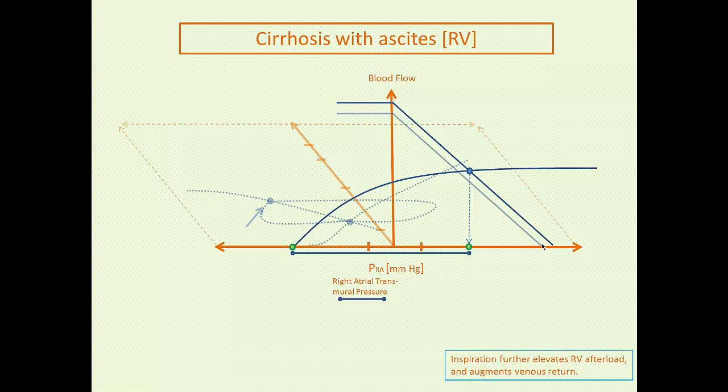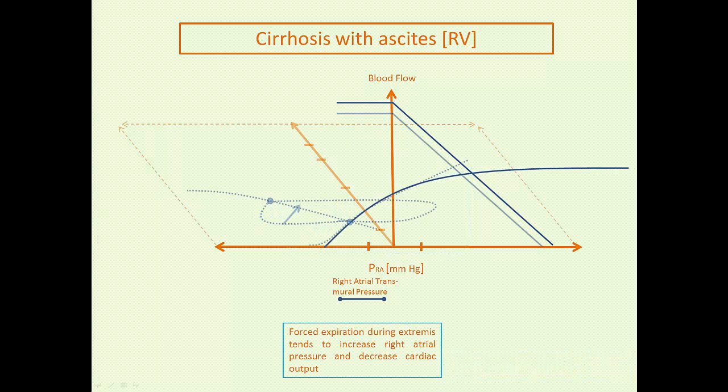And therefore, as they are squeezed, that actually favors venous return to the right heart. And so that's going to further increase the filling pressure of the right heart and further augment the distending pressure of the RV.